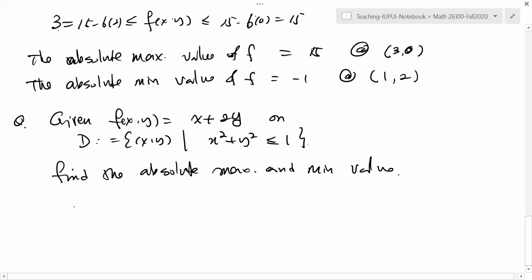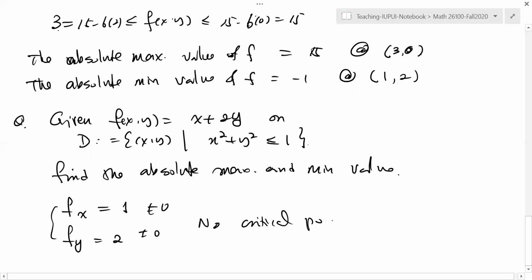So first, we just repeat the above. There's still no critical point in the domain. f_x is going to be 1, the partial derivative, and f_y is going to be 2, so that will never be 0. No critical point anywhere.